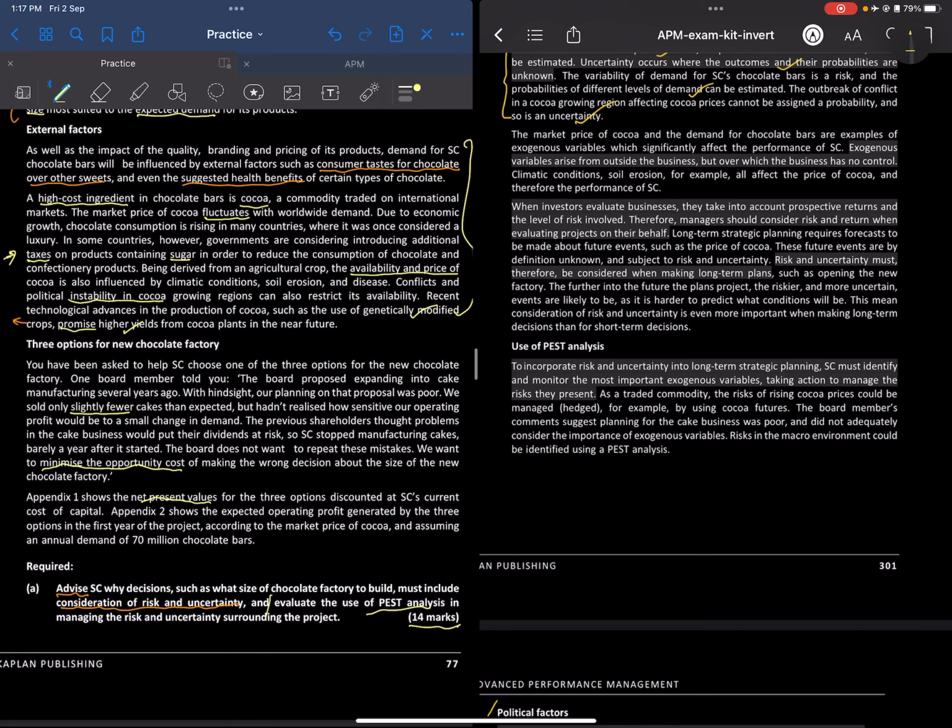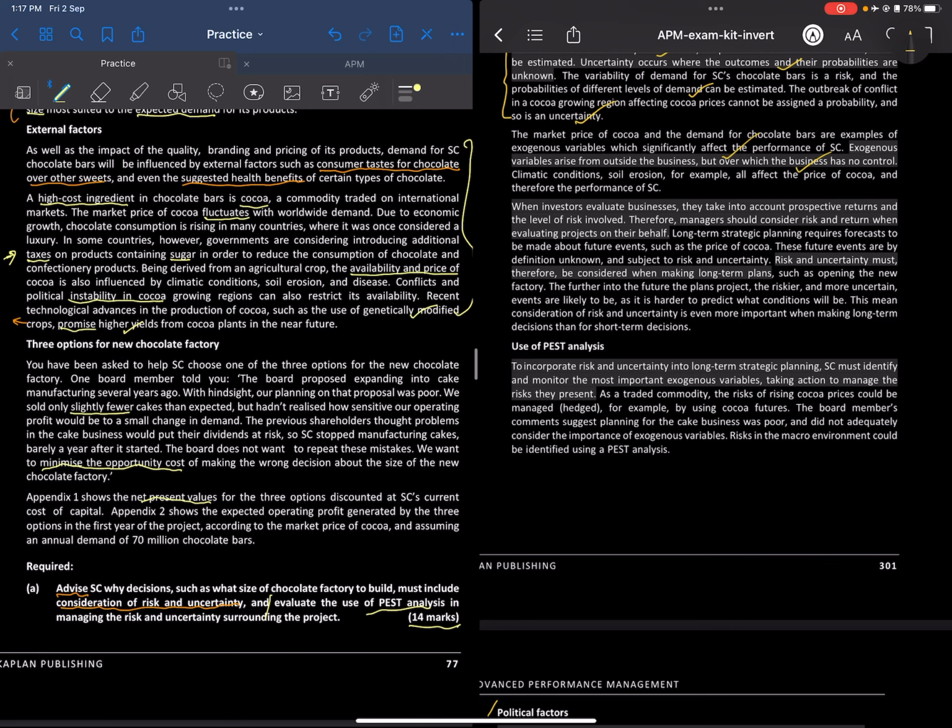And then the market price of cocoa and demand for bars are exogenous variables which significantly affect the performance of SC. So these are outside the control of the business.